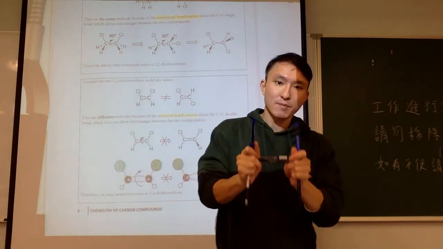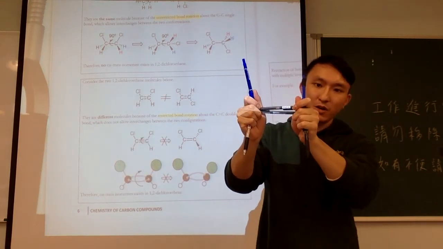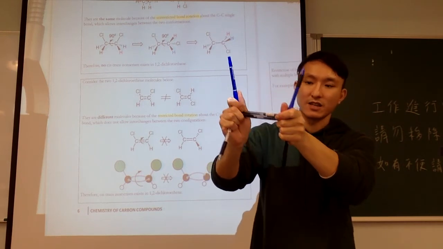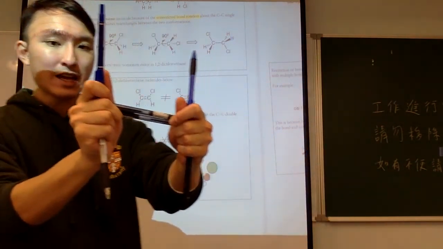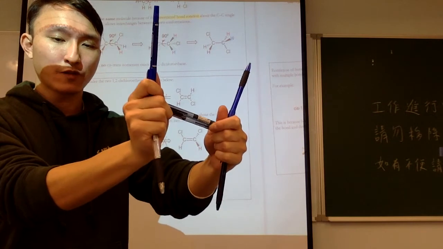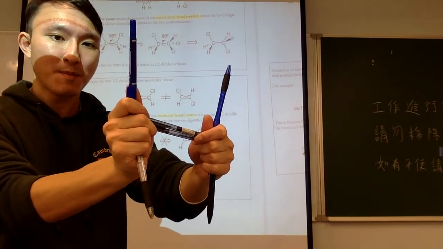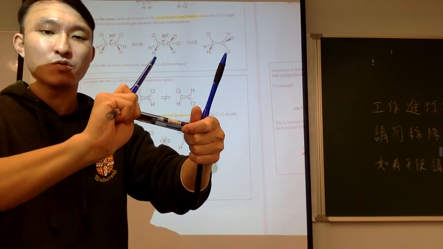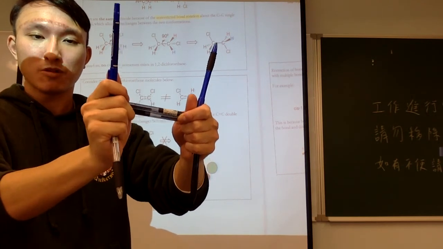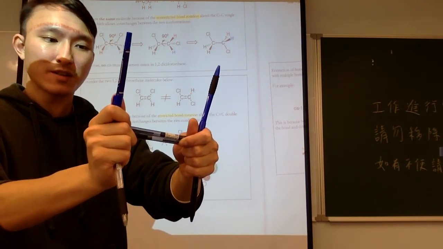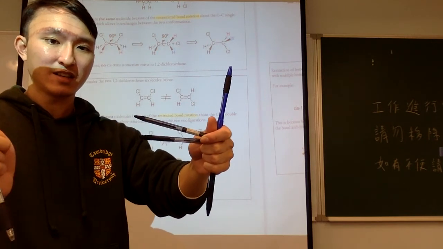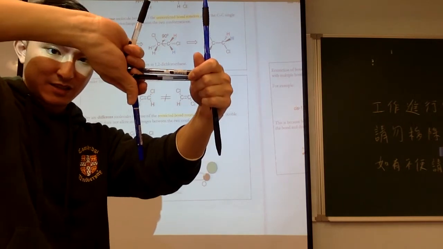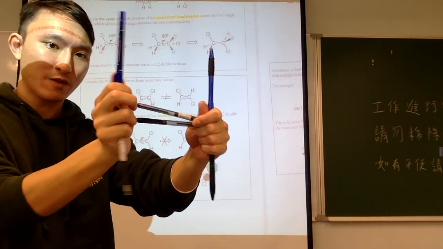A single bond does, but a double bond, or even a triple bond, does not allow bond rotation. So if at the first place the two blue ball pens are pointing up, can they point down? No, they cannot. If the blue ball pens want to point downwards, we need to break the bond and reform it.